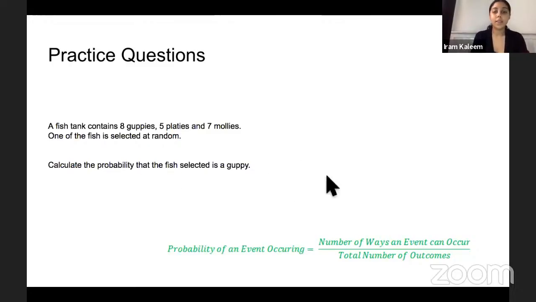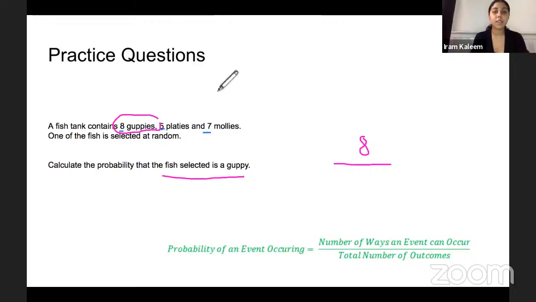So we're again going to present probability as a fraction. We are calculating the probability that the fish selected is a guppy. So there are 8 possible guppies. We put 8 at the top. And at the bottom, we'll put the total number of outcomes. That's the total number of fish. So we've got 8 plus 5 plus 7.